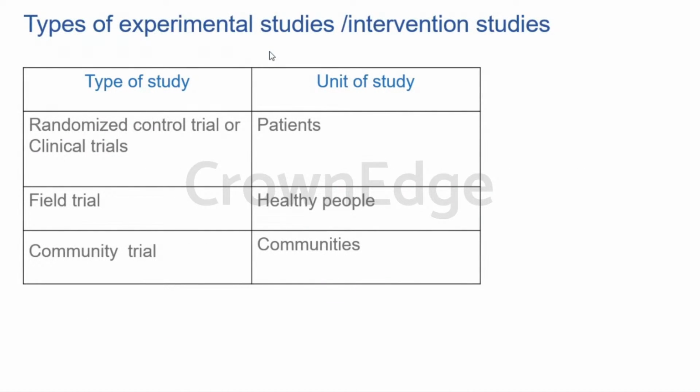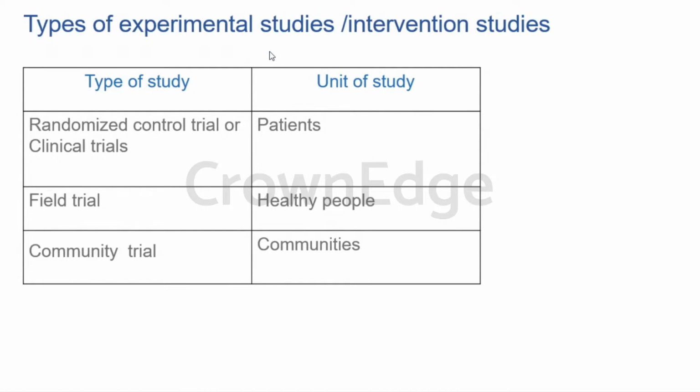So these are the types of experimental studies. First is the randomized control trial or clinical trial, where the unit of study is generally the patients. In a field trial, the unit of study is healthy people, because a randomized control trial is generally conducted in very closed settings.